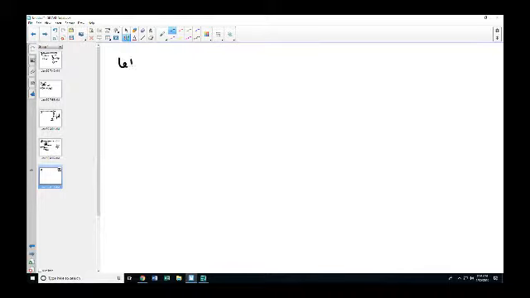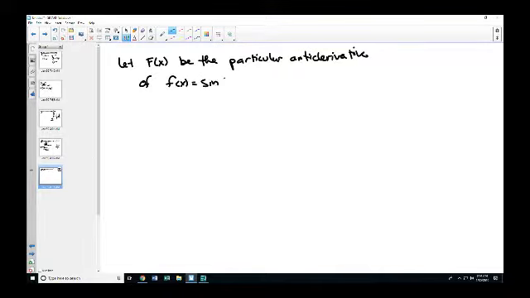Okay. Let big F of x be the particular antiderivative of sine x squared, little f of x, satisfying big F at negative root pi equals 0.